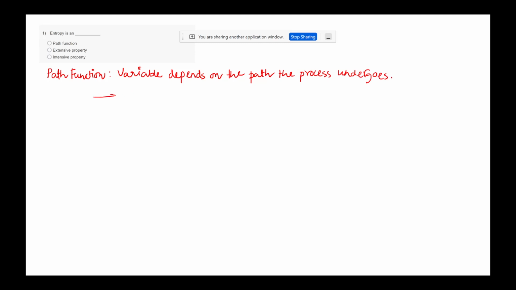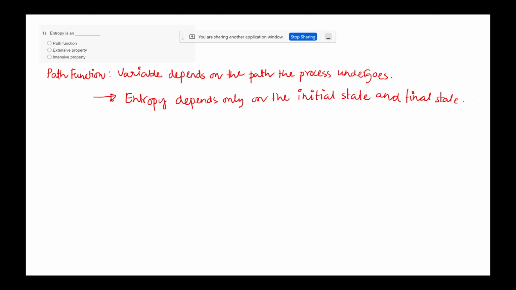Now entropy is a state function, entropy depends only on the initial state and final state, right? So it is not a path function, so this is incorrect.